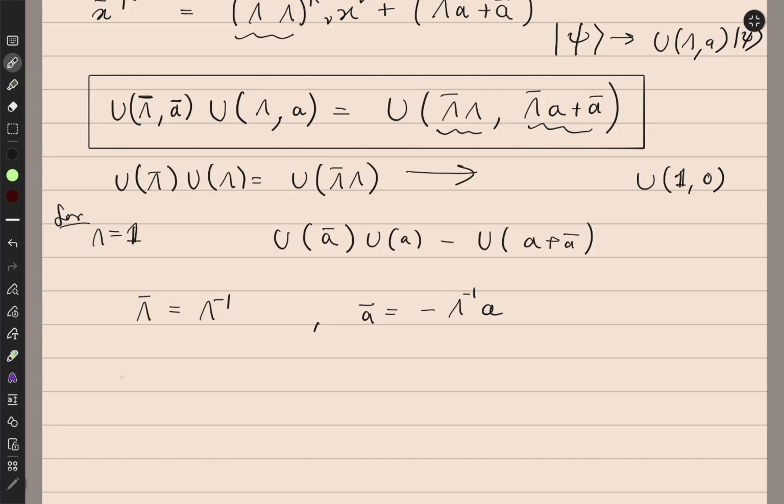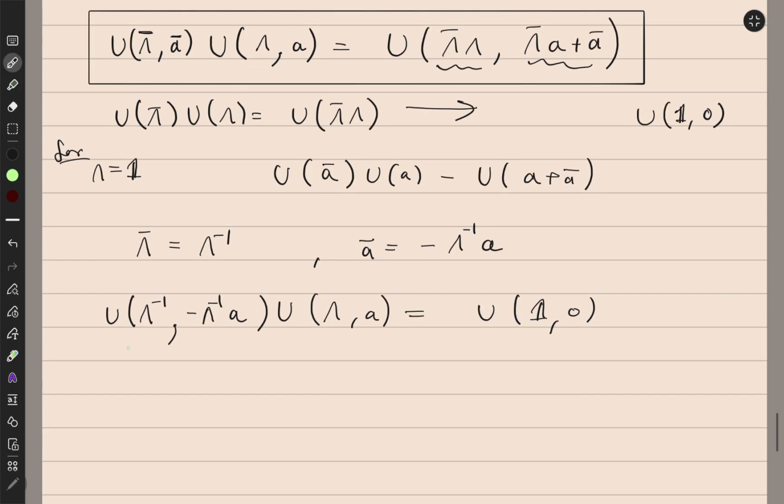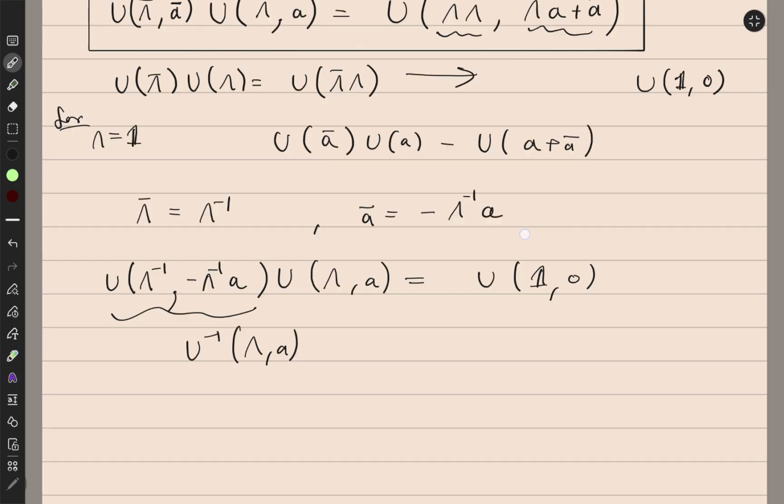So if you were to follow one Lorentz transformation unitary matrix by another one where the Lorentz transformation is lambda inverse and the space-time translation is minus lambda inverse a, you will by construction find the identity, and therefore this is just the inverse of this lambda a, since multiplying them is giving us the identity.